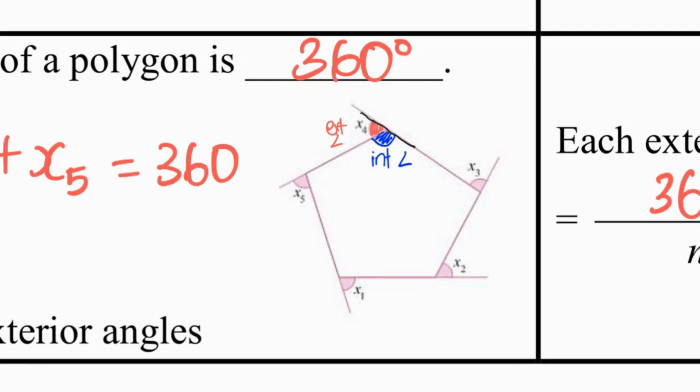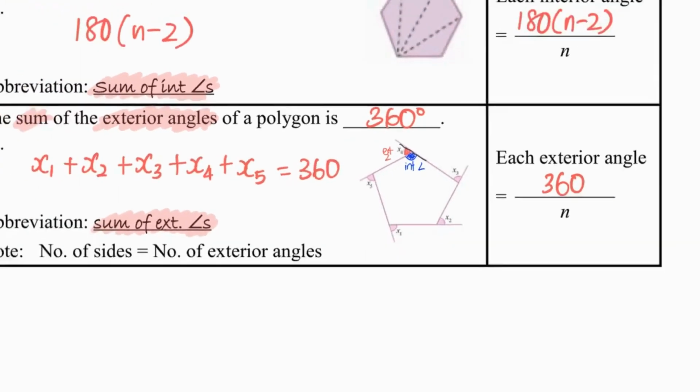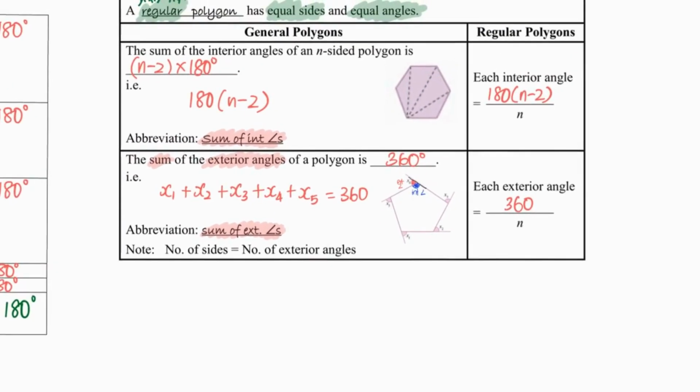This is a straight line, right? Yep. And therefore, this is the third important thing that you all need to take note. Exterior angle of a polygon plus the interior angle of a polygon must be equal to 180 degrees.